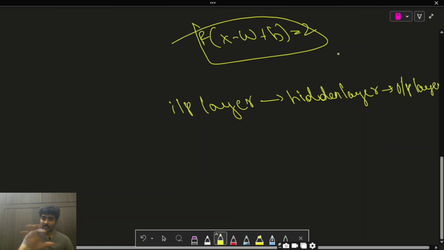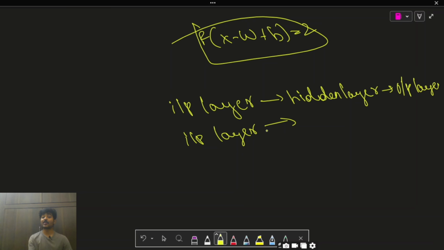With respect to a convolutional neural network, we have a similar input layer, and then convolution layers and pooling layers, subsequently. I am calling this whole thing the hidden layer: convolution plus pooling layers is my hidden layer. Next comes my output layer.